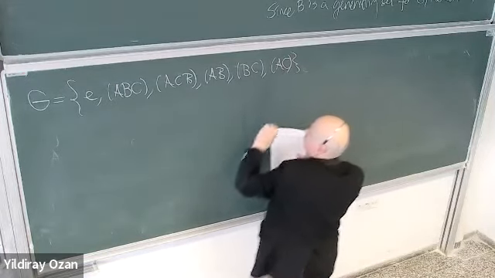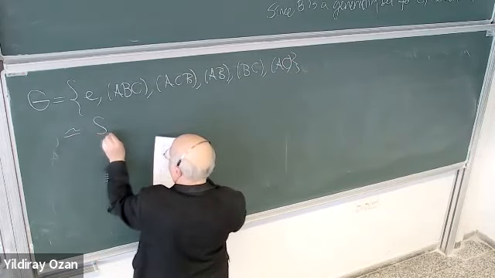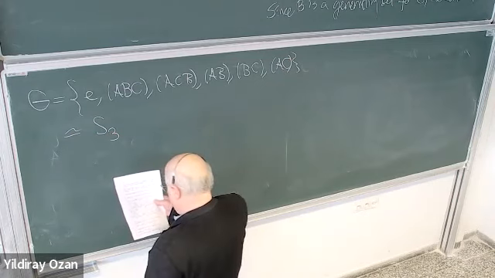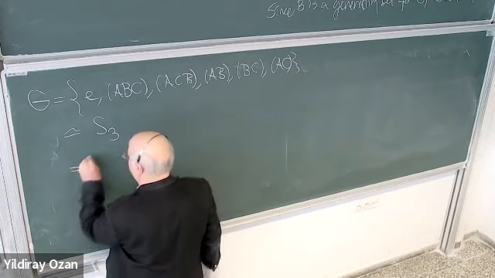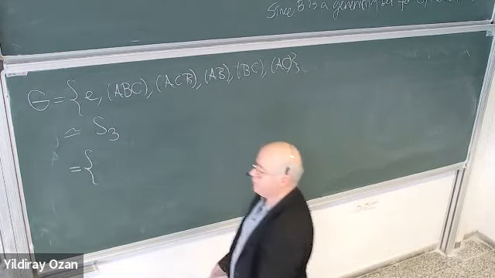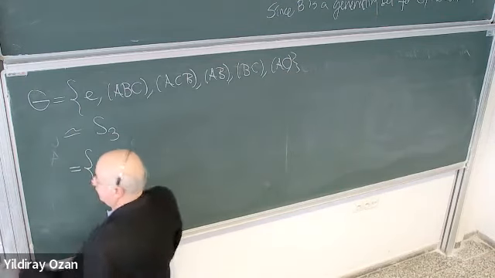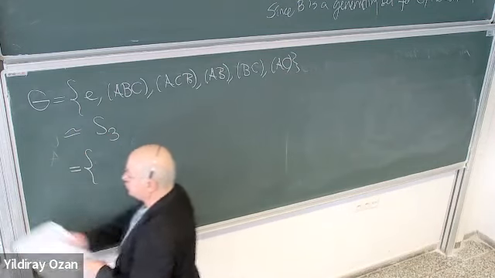So this is just the group on 3 letters, which is just S3. I can also write it this way. I can list the elements using this notation.